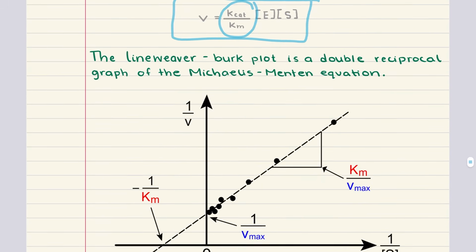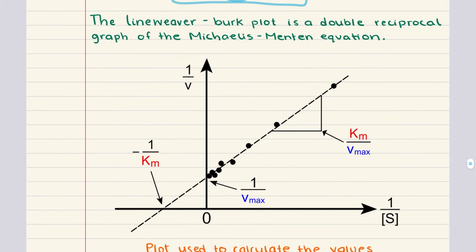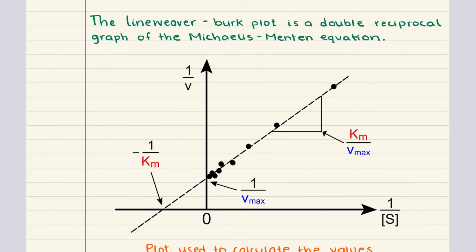Now, there is another tool that can be used to analyze enzyme data when determining values for Km and Vmax, and that's the Lineweaver-Burk plot. The Lineweaver-Burk plot is a double reciprocal graph of the Michaelis-Menten equation.